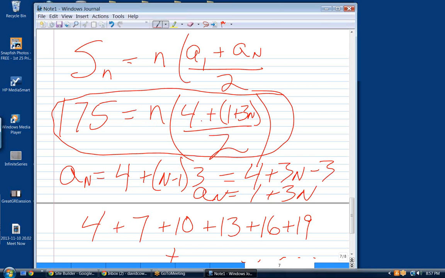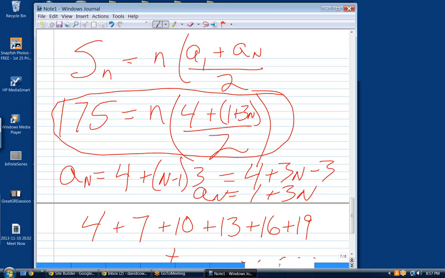When you go to solve this, notice we have n multiplied by another n, so we end up with a quadratic that we have to factor. We get a negative n and a positive n when we do that, and you only take the positive number. n cannot be negative. n is the number of terms.